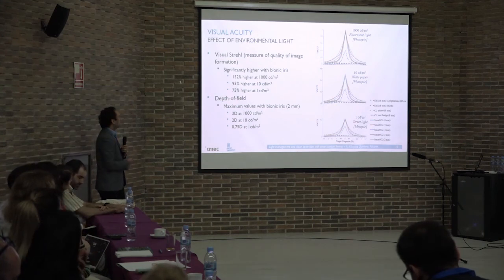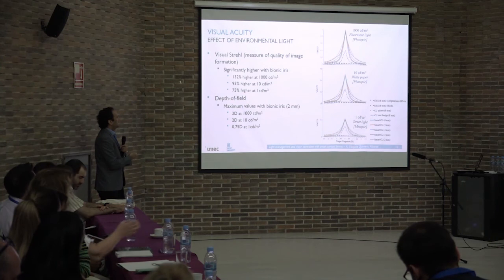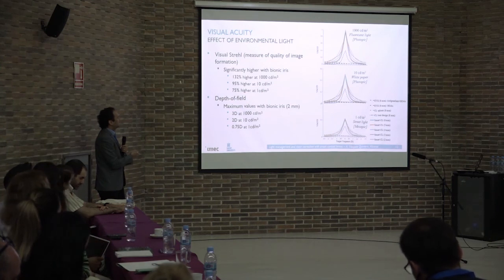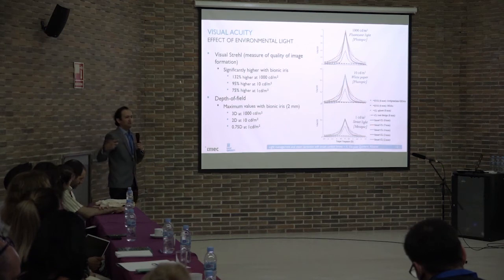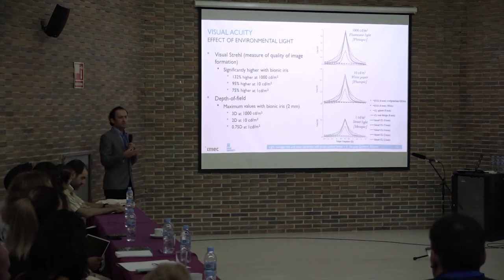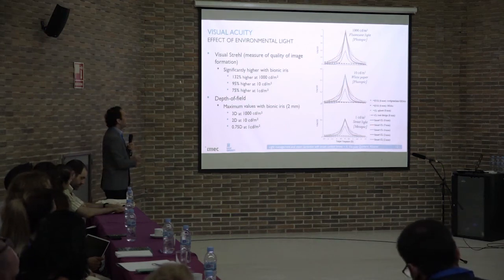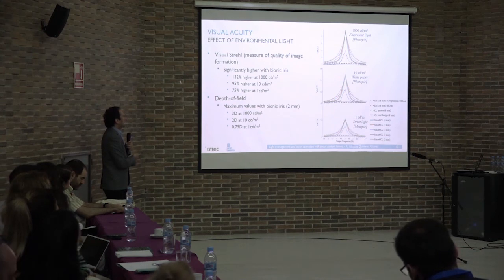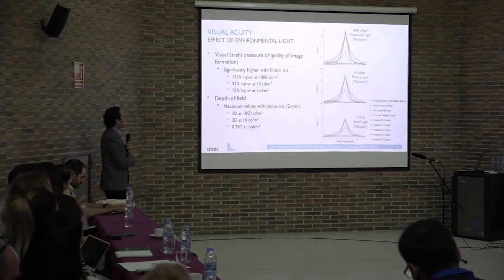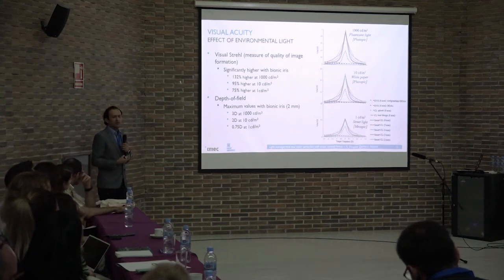And then finally we also measure the depth of field, and this is measured by the width of these peaks. And again, the wider the better. Then you will see clear and very sharp images. And then we also saw that at high illumination, so 1,000 candela, we were actually getting 3 diopters on top of what the person already had.